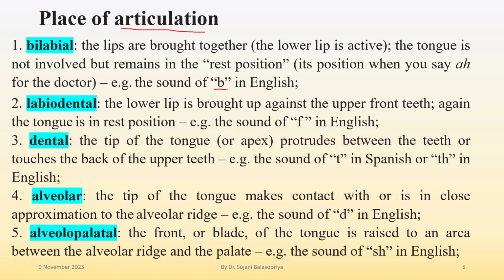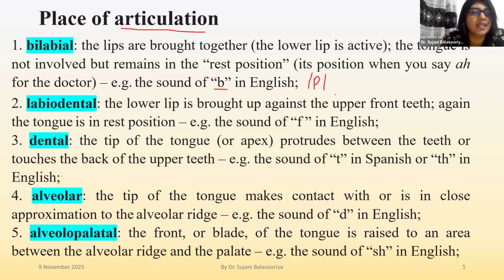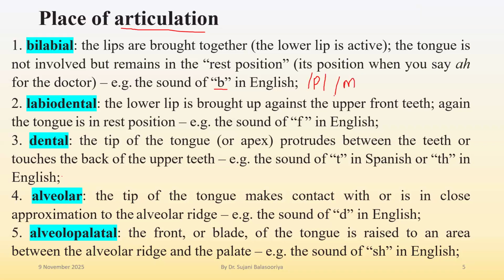Yes, P, as in person. Correct. I have given B, and the other is M. Yes, that's right.